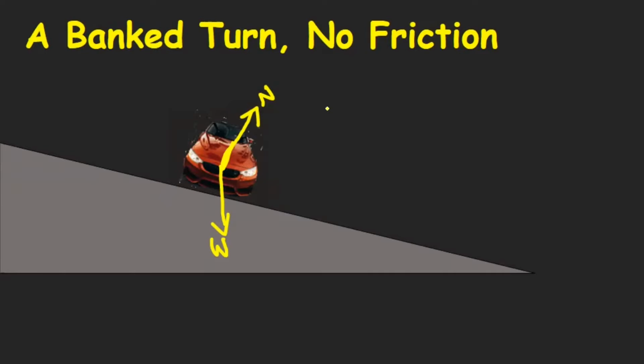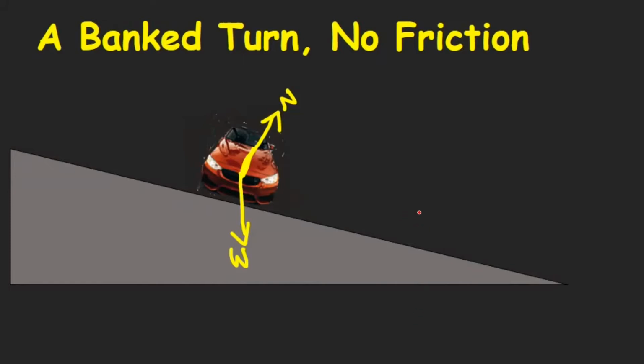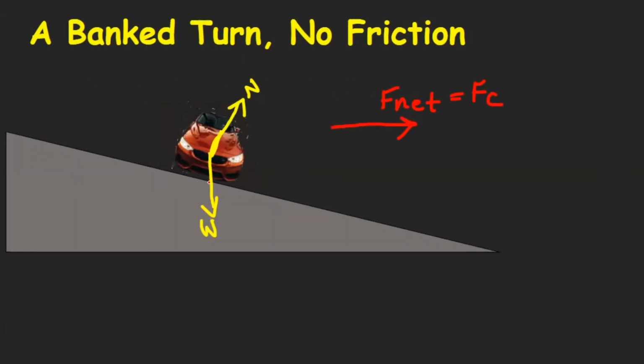Right now we want to see what force acts as our centripetal force. We know centripetal force should be a net force in this direction. So F net, that is equal to Fc, should be in this direction. We see W doesn't have any component in the direction of our centripetal force.